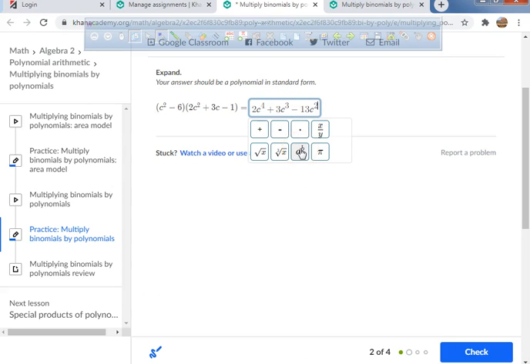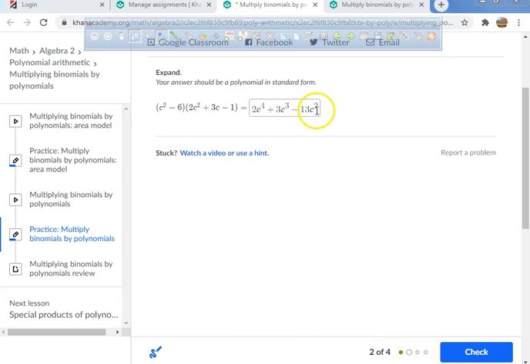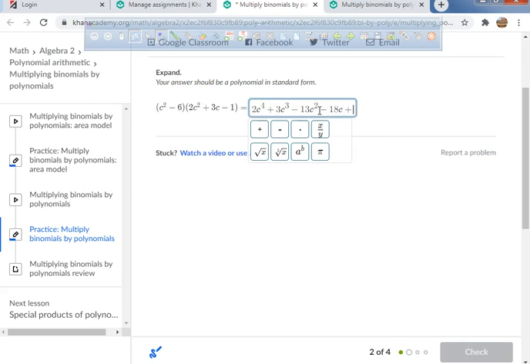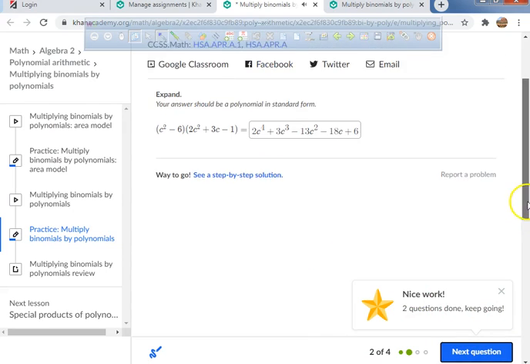Was it c squared, I believe? Minus 18c plus 6. There we go. So there's everything written down nice and neat. I think we're ready to go. Let's go ahead and check it. Boom. 2 questions done. Keep going.